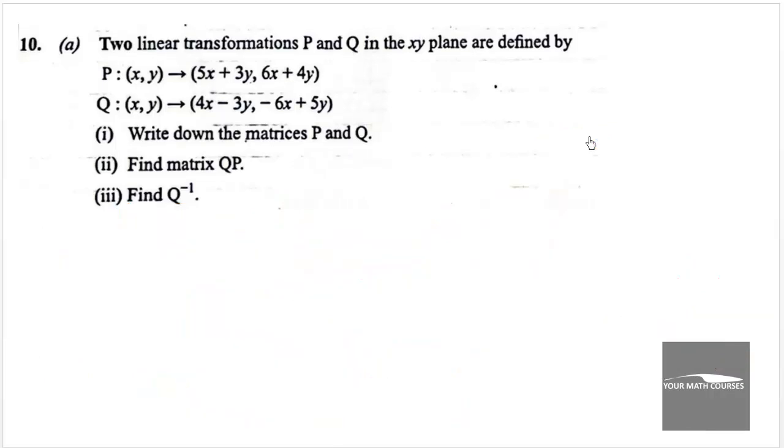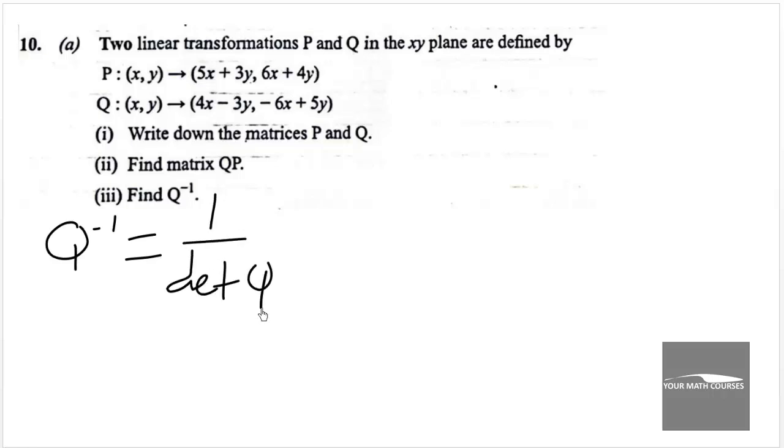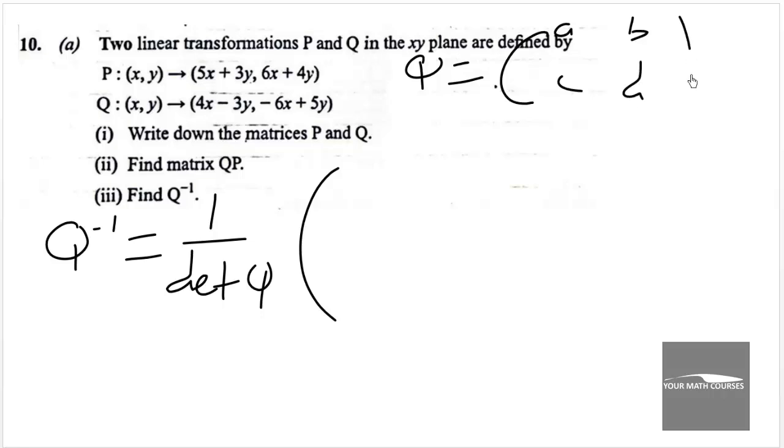Now let's look at the second part. We have to find the inverse of Q. So Q inverse is equal to 1 over the determinant of Q times, let's say we have a matrix Q equal to [A, B; C, D].